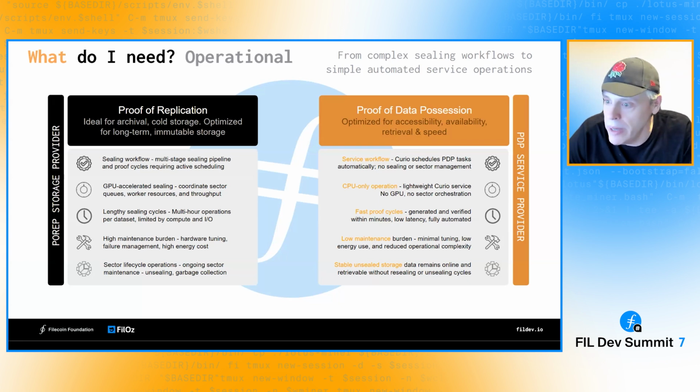Anybody who's been a PoRep provider knows that getting the tuning right and getting the balance in your SP working can take a bit of time. Curio's made things a lot easier of late, but there's still a fairly high investment in terms of operational overhead. And you're also looking at sector lifecycle operations, such as ongoing sector maintenance, things like unsealing and garbage collection.